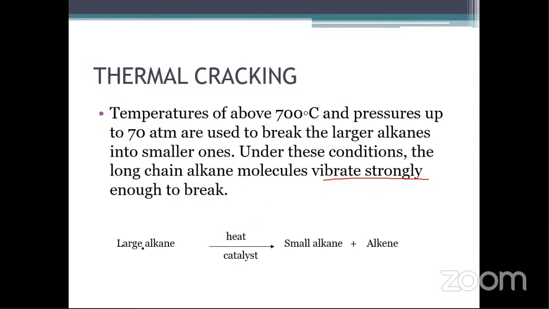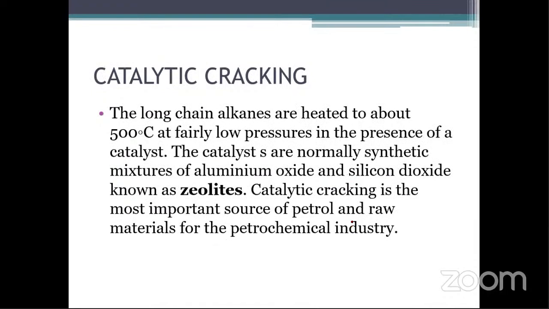So you have your large alkane, you have heat and pressure, and you will get a smaller alkane and an alkene, which is also useful. Now with catalytic cracking, you take the long chain alkane and heat it to about 500 degrees Celsius.